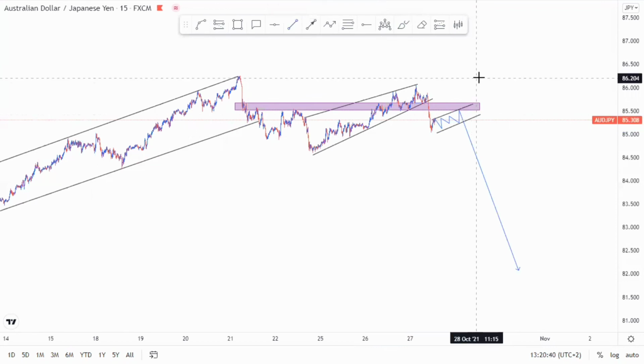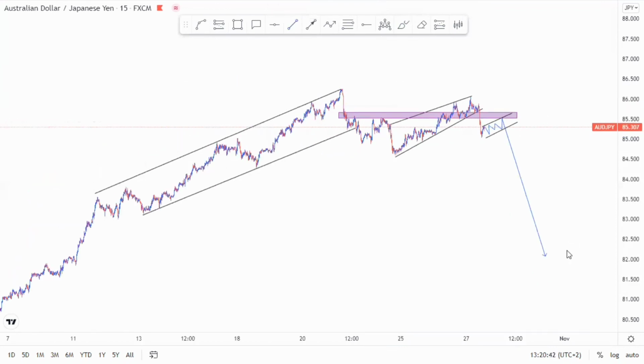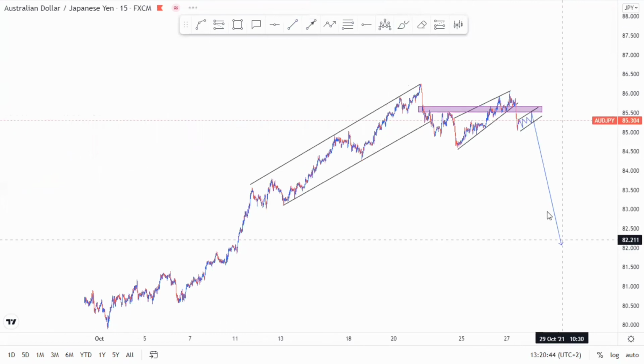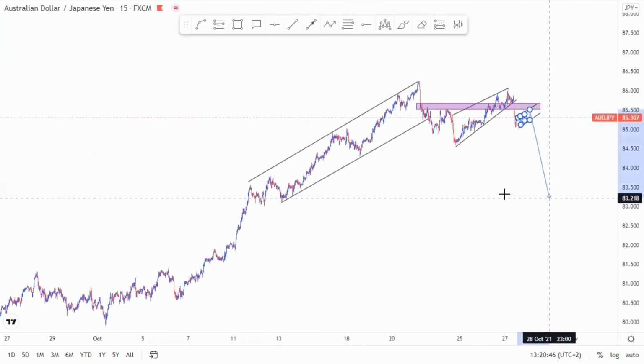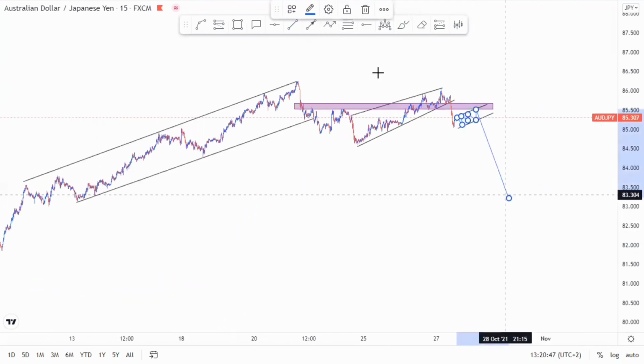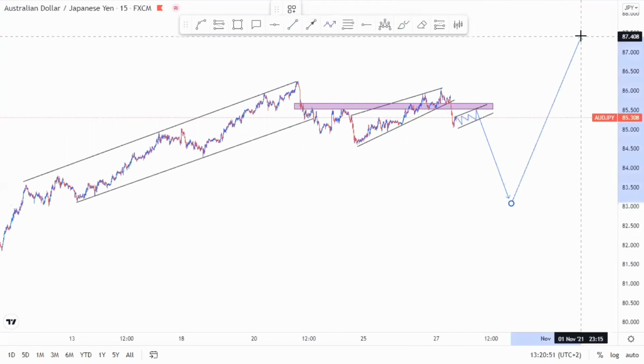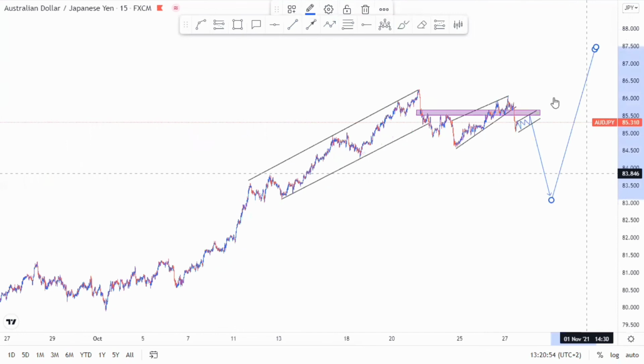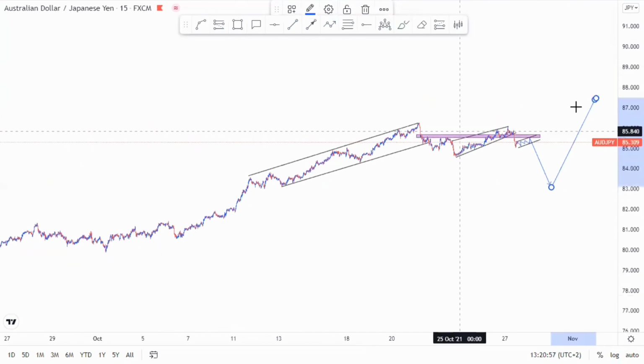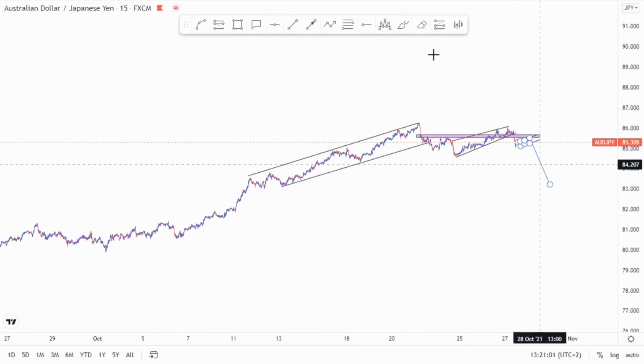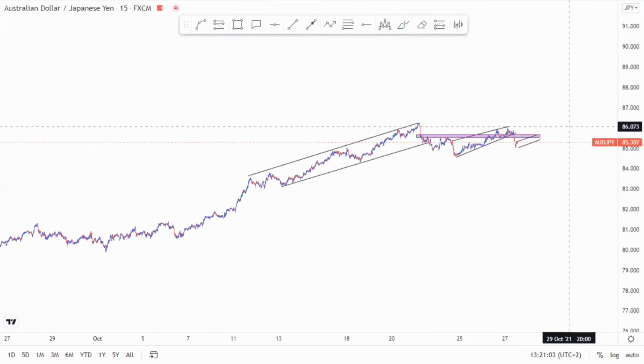As you guys can see, I'm looking for something like this to go to the downside for the next couple of days, then go to the upside for the longest of times, or at least for a few weeks or so. So yeah, that's my view, and that's how I analyze from the higher time frame all the way down to the lower time frame on AUDJPY.